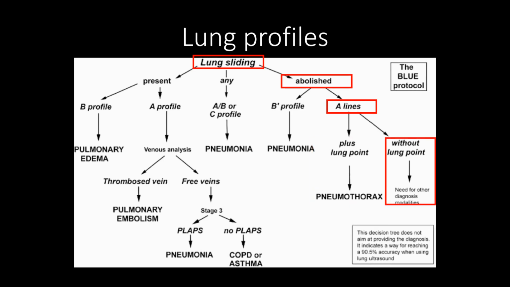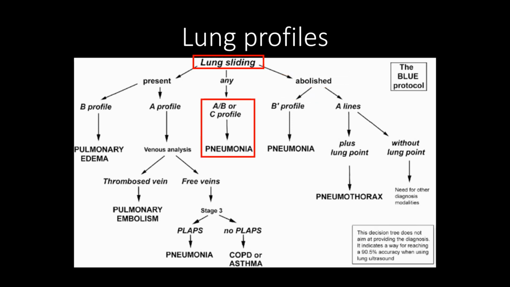If there's no lung point, at this point, other imaging modalities need to be considered to aid with diagnosis. If there is a B prime profile, meaning B lines without lung sliding, we think more towards pneumonia. And all other profiles, the AB mix or a C profile with or without lung sliding, is consistent with pneumonia.